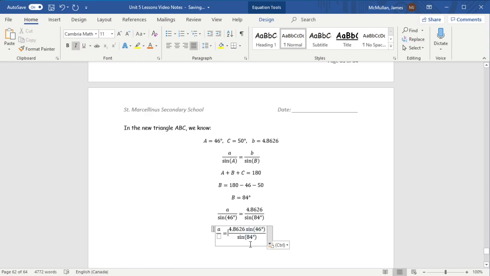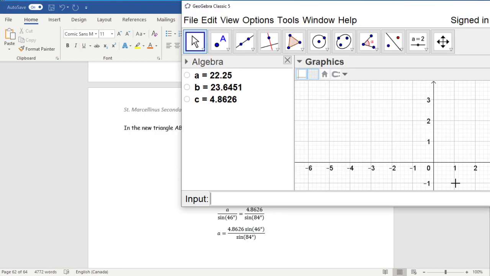Okay, so that's 4.8626 times sine 46 divided by sine 84. And did we get that this side is 3.5171?